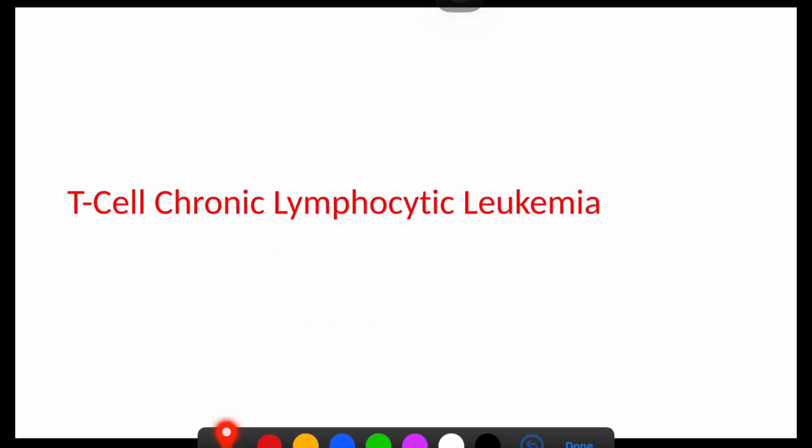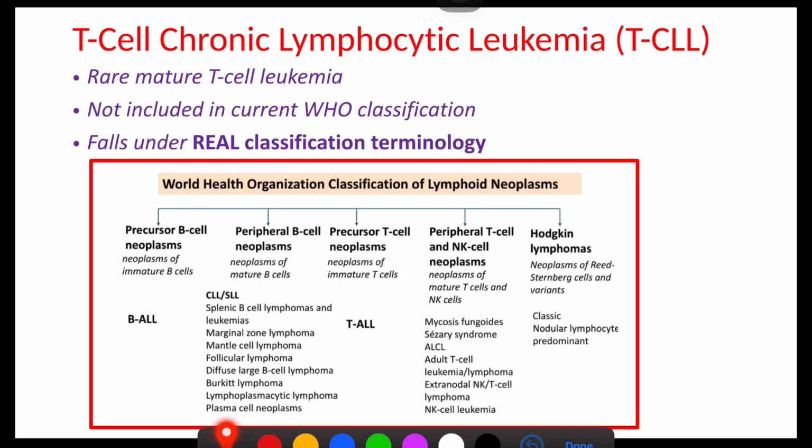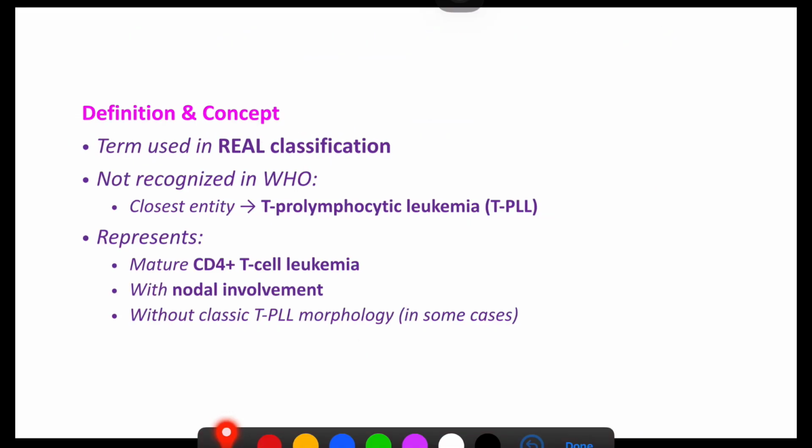Now, T cell chronic lymphocytic leukemia. So, this is rare mature T cell leukemia. Now, it is not included in current WHO classification, but in current WHO classification, it is a precursor T cell neoplasm or neoplasm of immature T cells. This falls under REAL classification terminology.